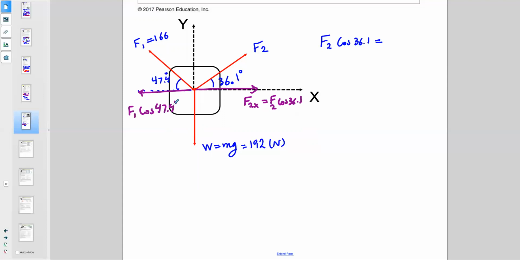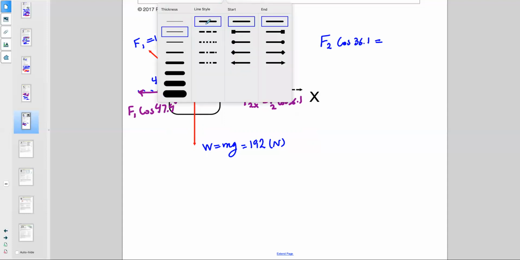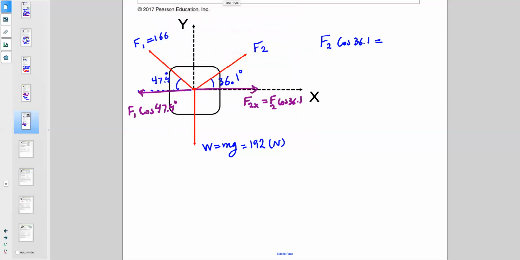One of them is along the positive direction, the other along the negative direction, so they will cancel out. Their magnitudes should be the same. So F2 cosine 36.1 should be equal to F1 cosine of 47.4 degrees.